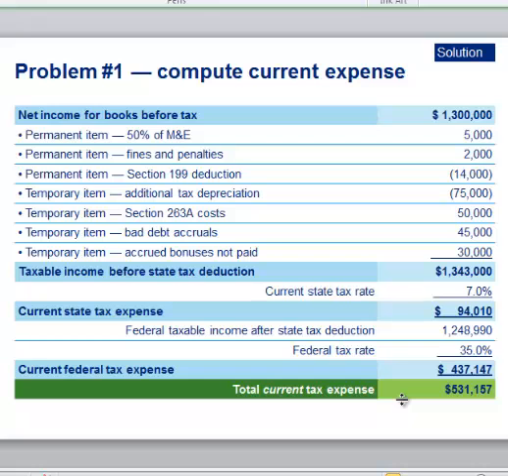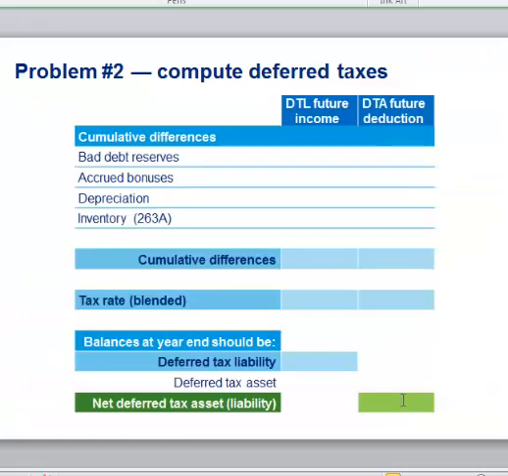Deferred taxes, right? Okay. So let's move on to deferred tax. So the template for the solution is kind enough to give us the 4 different temp items that we have. So we're going to label these things as either future income items or future deduction items, right?